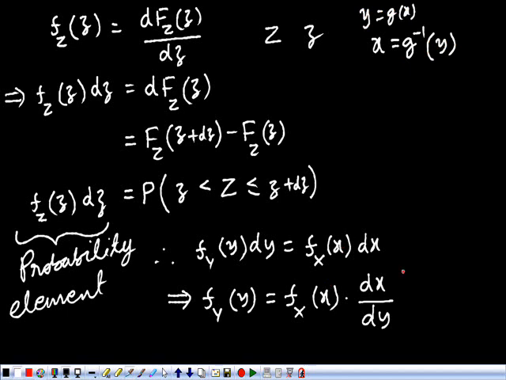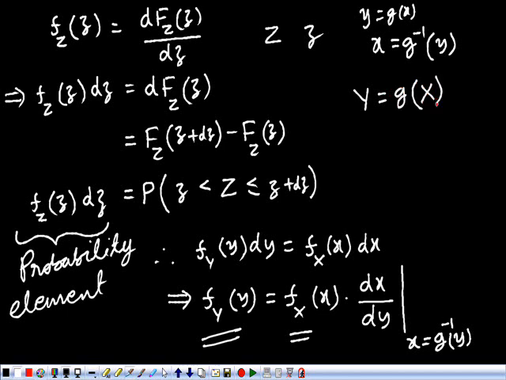So therefore, this is at x equivalent to g inverse of y. Understood this? So we obtained the probability density function of the random variable y given the probability density function of the random variable x. Here both the random variables are related by the transformation y equal to g of x. Here we assume this transformation is a monotonically increasing transformation.